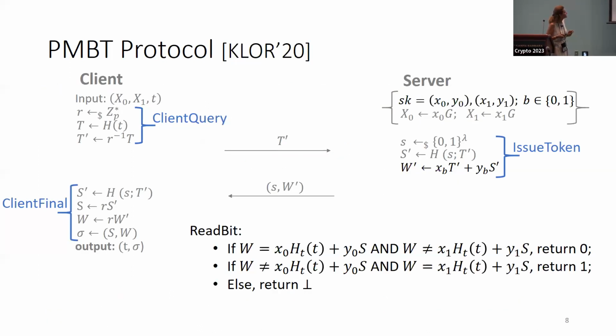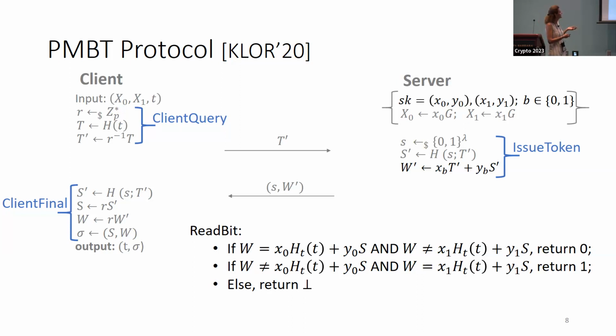So this is why we want to understand a little more about the protocol now. I'm not going to get into the details of the protocol itself, but what I will describe here is that there is a secret key, which is actually a pair, and depending on the bit that the server wants to embed, it uses either X0, Y0 or X1, Y1, or as I show here, the XB, YB pair will be used for issuing the tokens.